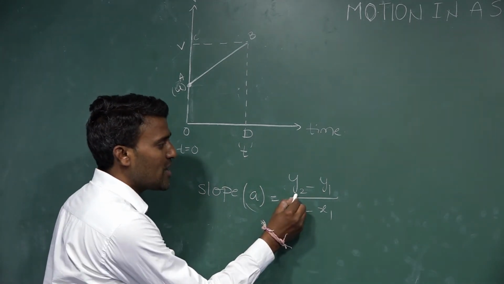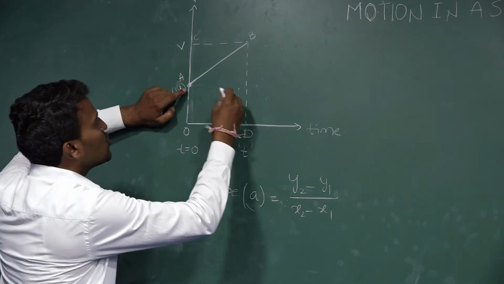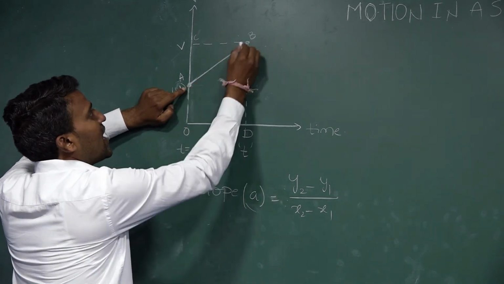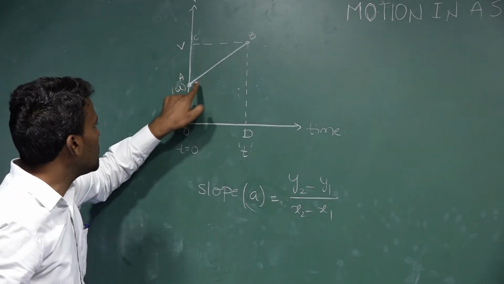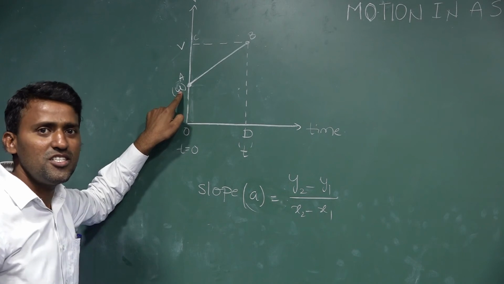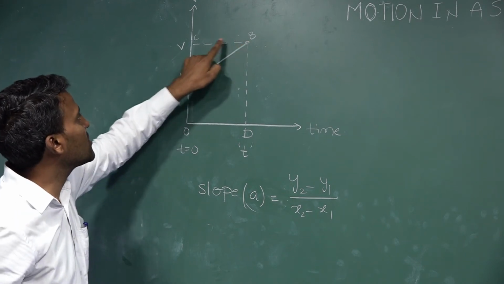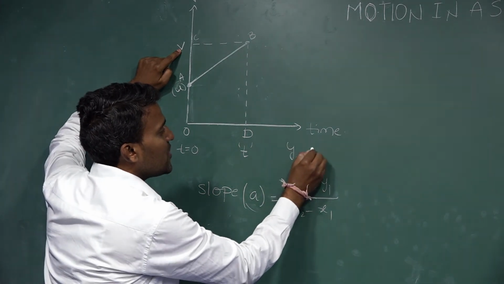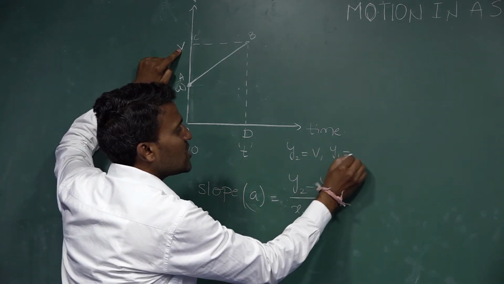Now here, for y2 minus y1, I am taking any 2 points. A and B are the 2 points. Position A on the y-axis is the velocity u, and position B on the y-axis is v. So y2 is equal to v and y1 is equal to u.